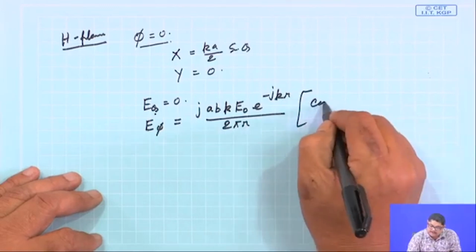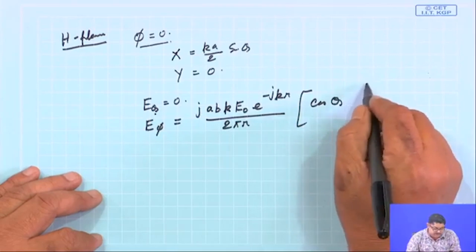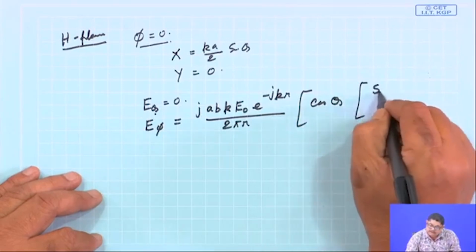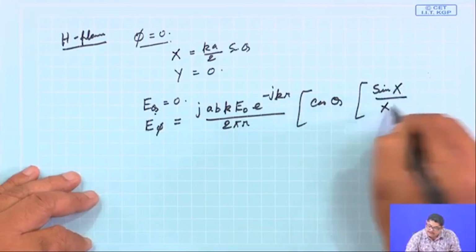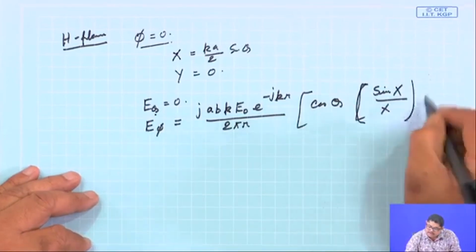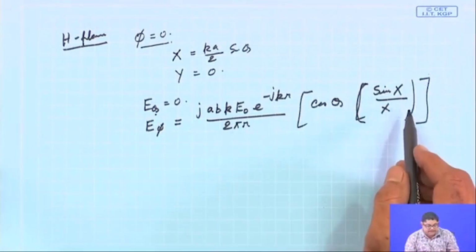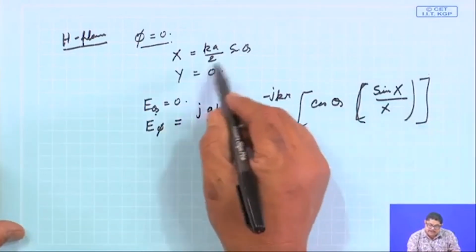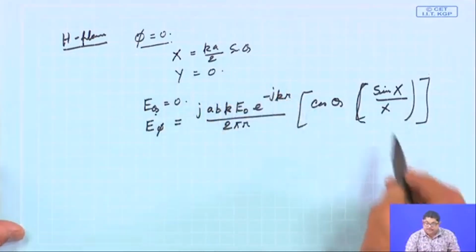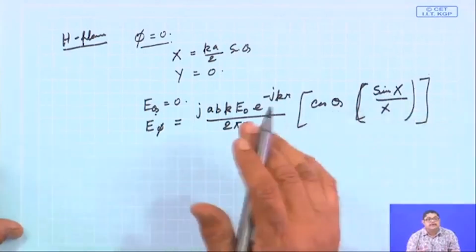But here it is not only a sinc function; it is cos theta into sin X by X. I will write it like this. Obviously, this sinc function, where X is given by k a by 2 sin theta, varies much faster than the cos theta variation.